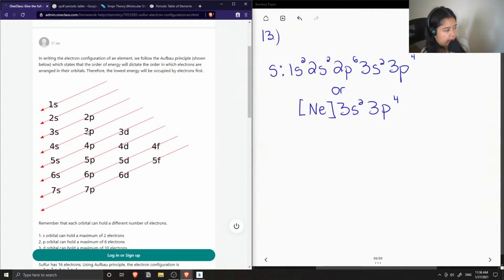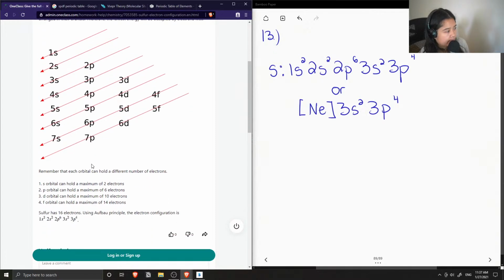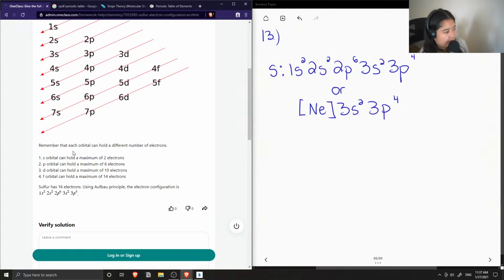Kind of write them all in the blocks like this, and then you go diagonally across and you get 1s, 2s, 2p, and then 3s, 3p, and then so on and so forth. Remember that each orbital can hold a different number of electrons.